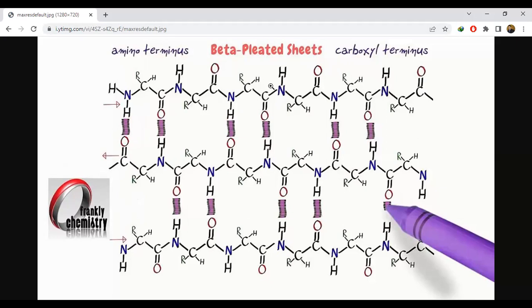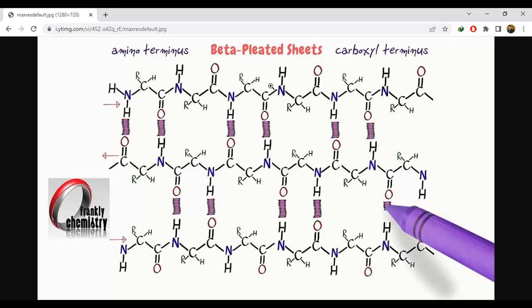Hydrogen attached to whom, involved in making the hydrogen bond? Amino group. Amino group, nitrogen. Correct?